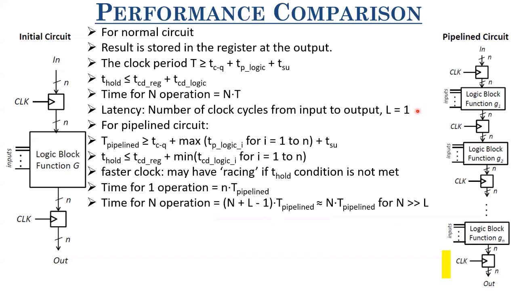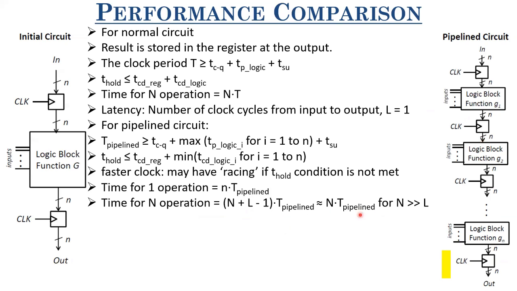So it takes n cycles for the input to come to the output. The first output comes after L cycles, but subsequent outputs come after each clock input. So if there are capital N such operations, the next N minus 1 operations require only N minus 1 cycles. The first output requires L cycles, the next N minus 1 operations require N minus 1 cycles, and hence you have a total of N plus L minus 1 cycles, or N plus L minus 1 times T pipeline as the time required for N operations. Typically, if you are performing a large number of operations, this is nearly equal to N times T pipeline.